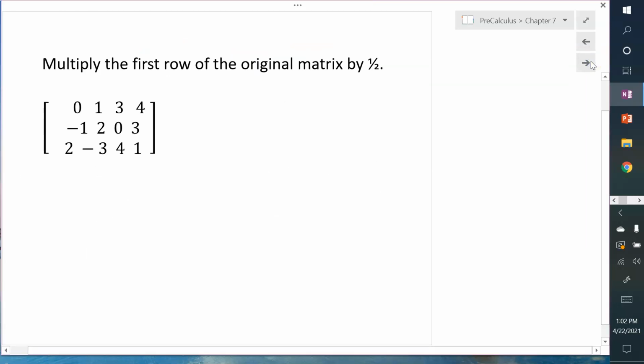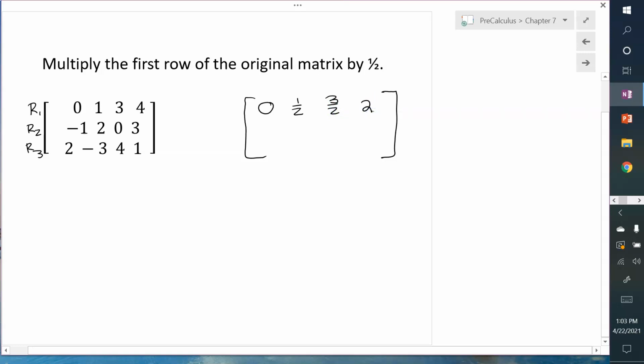Now we're going to multiply the first row of the original matrix by 1/2. That means I'm going to take everything in row 1 and multiply it by 1/2. So this new matrix is going to be 0 times 1/2 is 0. 1 times 1/2 is 1/2. 3 times 1/2 is 3/2. 4 times 1/2, that's 2.